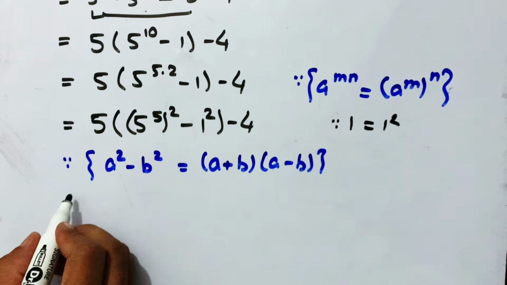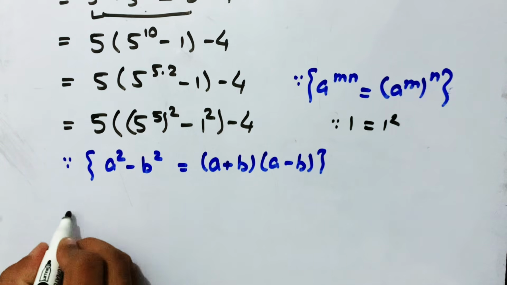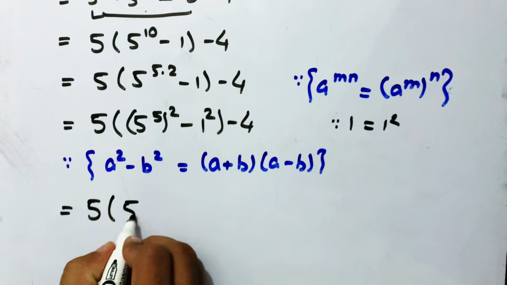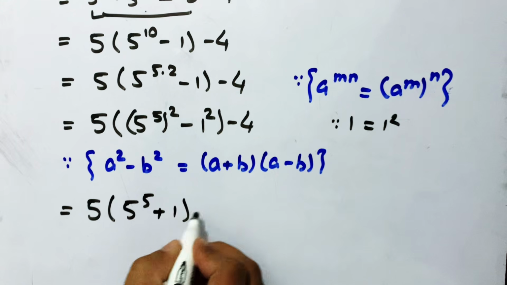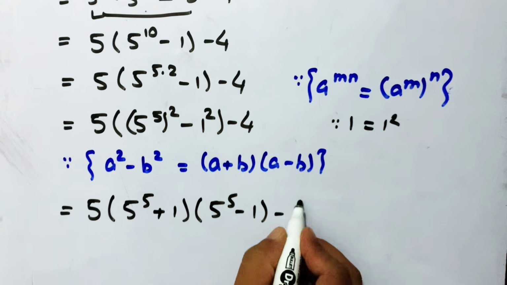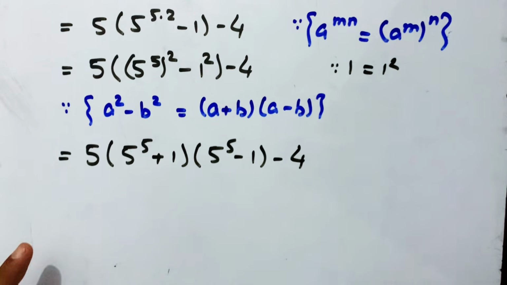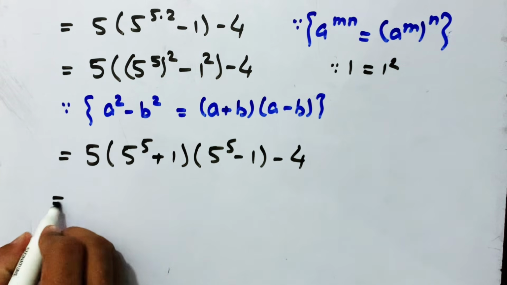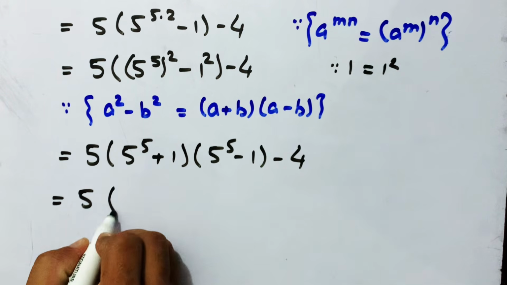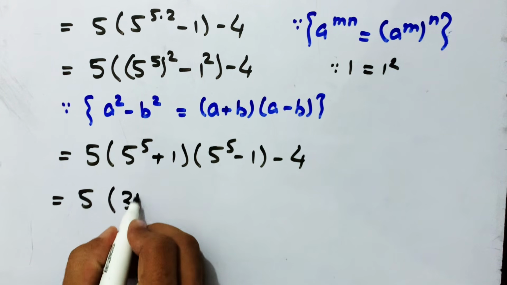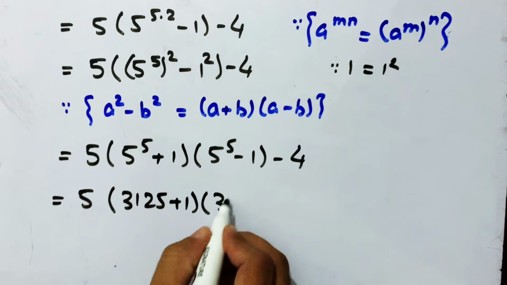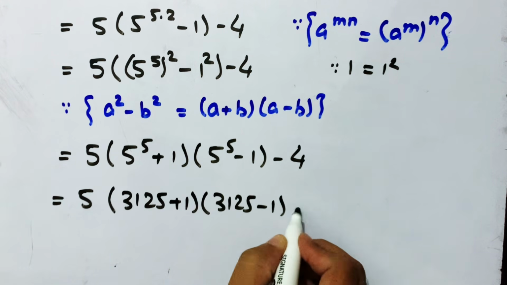So the result is 5 to the power of 5 plus 1 into 5 to the power of 5 minus 1, minus 4. This means 5 into 5 into 5 into 5 into 5, that is 3125, plus 1 and 3125 minus 1, minus 4.